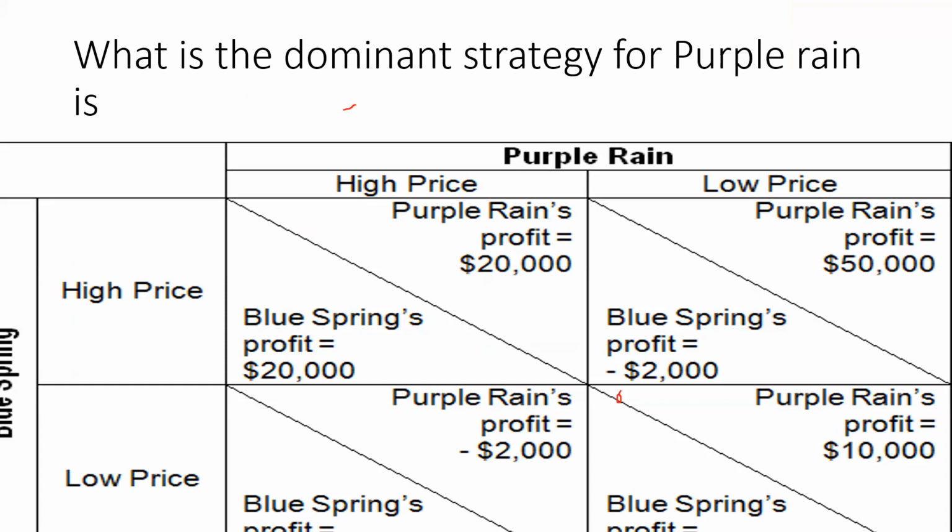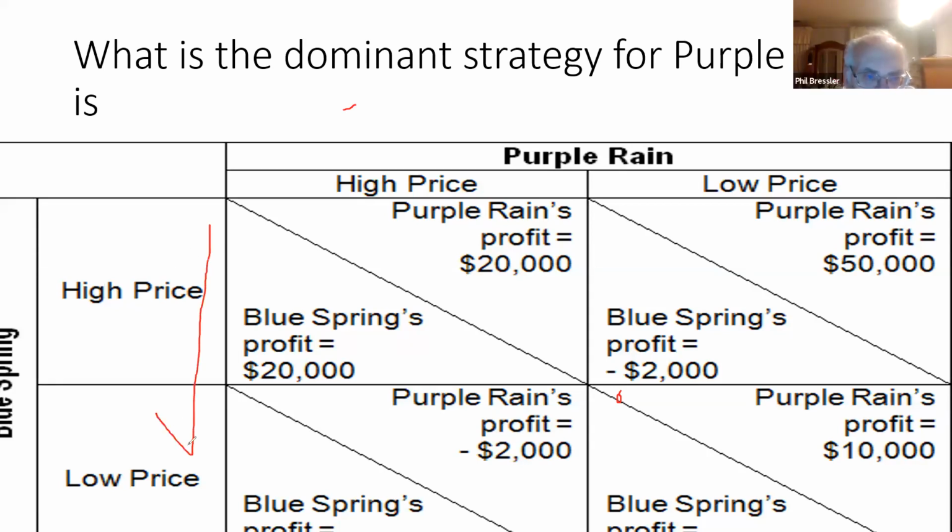So if I wanted to know about Blue Spring, and I wanted to see what Purple Rain was doing. If I wanted to know if Blue Spring would go high, I would look at Purple Rain's high price and then look down. If Purple Rain goes high, I'm just going to put in 10 here.